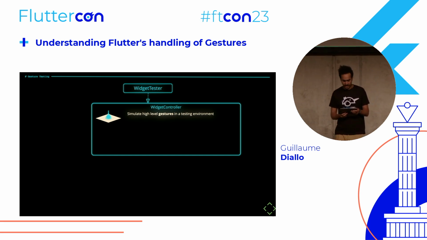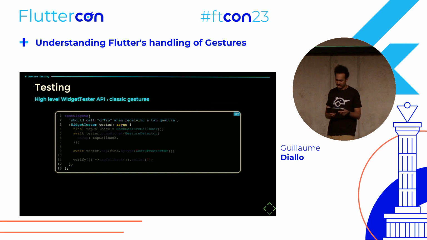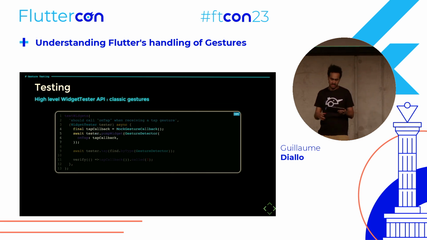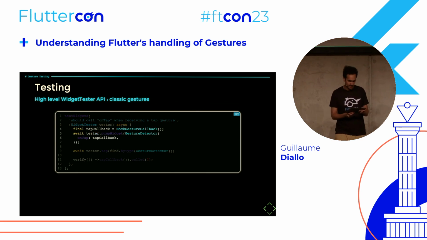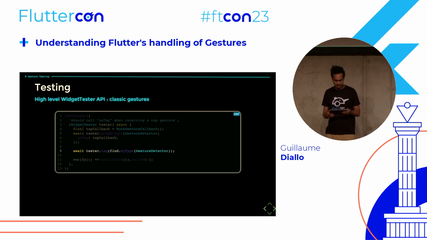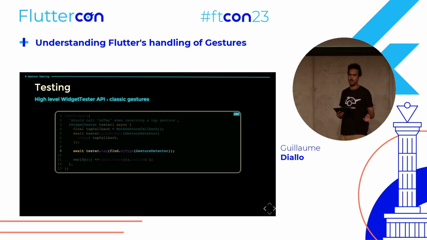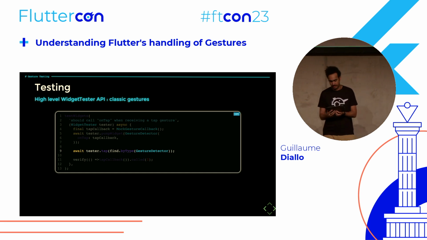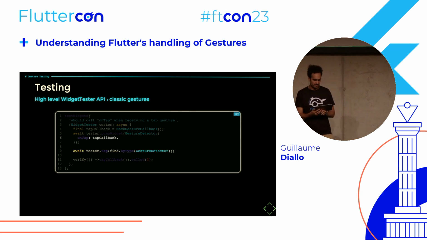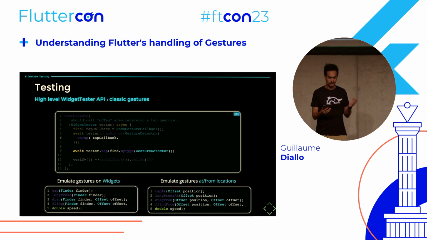It has a very high-level API to test widgets and simulate gestures. So for example, if you wrap a gesture detector or any of your implementation and pump that widget, then you can call the tap method or any other method to simulate those high-level gestures that you know from the gesture detector. And you can just verify the callback has been called, and it's very easy to use.